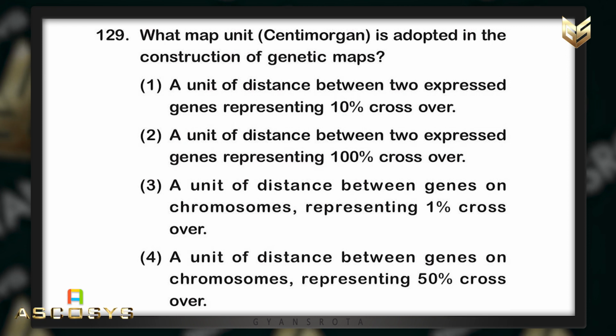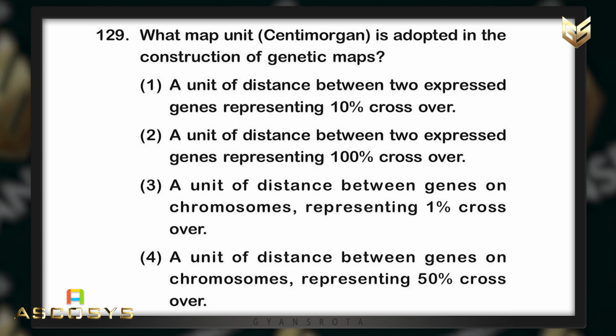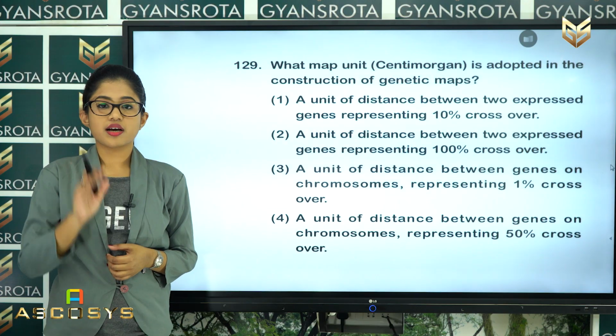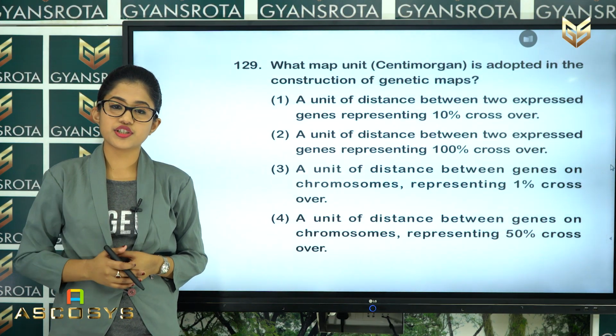Option number 3, a unit of distance between genes on chromosome representing 1% crossover, and the fourth option is a unit of distance between genes on chromosome representing 50% crossover. I have discussed this in the chapter Principles of Inheritance and Variations.